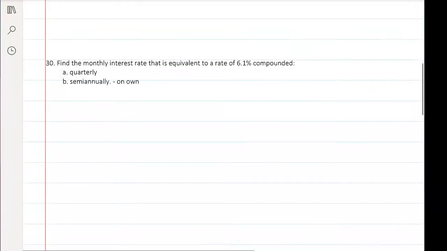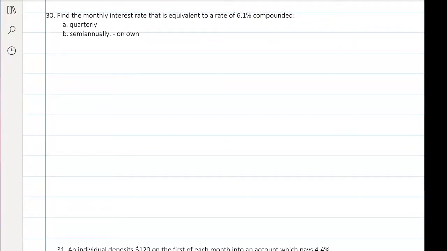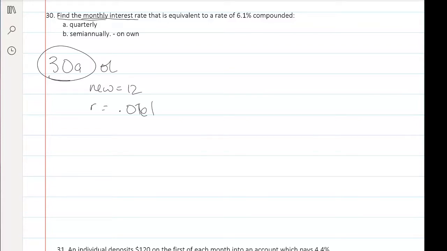Now we're going to move on to example 30A. Here we want to find the monthly interest rate, so our new is 12. We have an R of 6.1%, so 0.061 is R, and right now that's compounded quarterly, so that's our old.